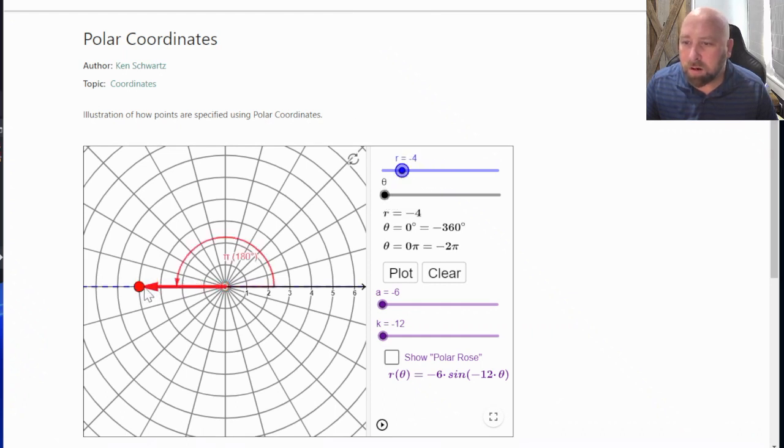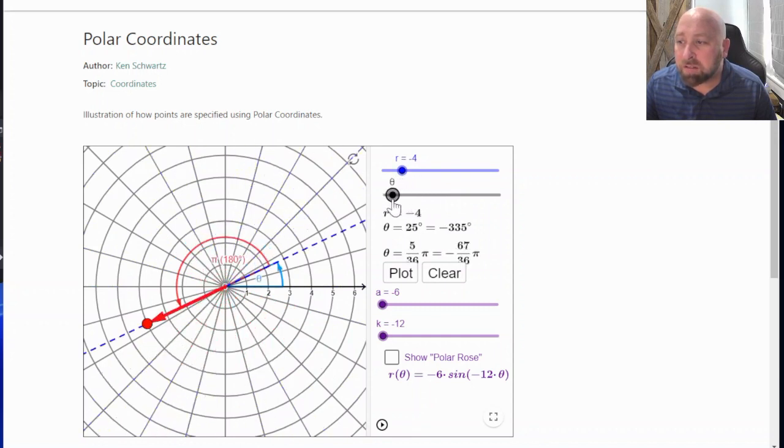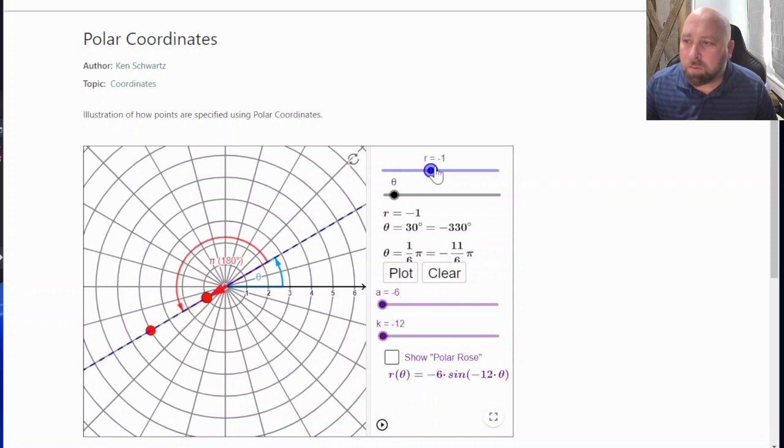All right, so there we are right there in the fourth ring. And then we're going to put our theta at negative 330. So we'll spin this in, and notice it's changing here. So negative 330 is actually going to be positive 30. All right, so we rotate it right in there and we go plot. And then we can clear this out. We'll pull these back to 0. And we can see our point got plotted right there.